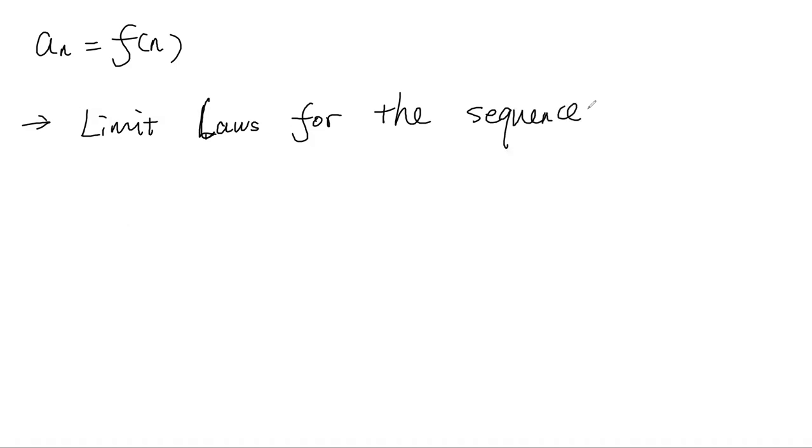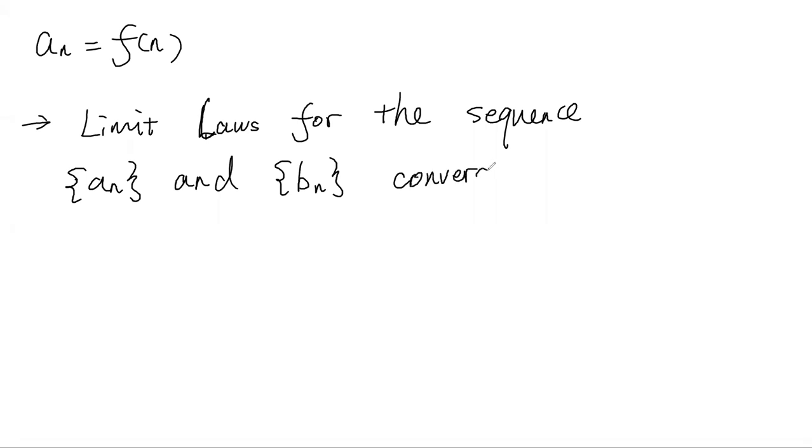So suppose we have two convergent sequences, a sub n and b sub n, both convergent, and c is a constant. Then we can think of a sub n as the function f of n, and b sub n as another function g evaluated at n.